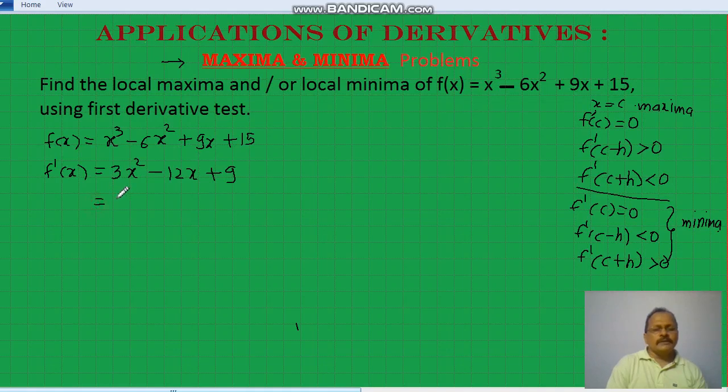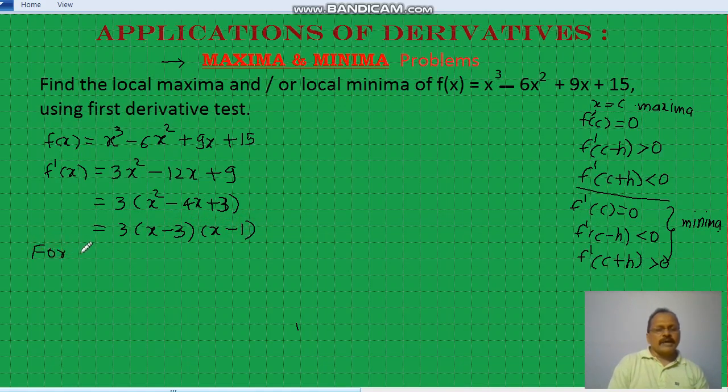Take 3 common: 3 into (x square minus 4x plus 3). This is equal to 3 into (x minus 3) into (x minus 1).